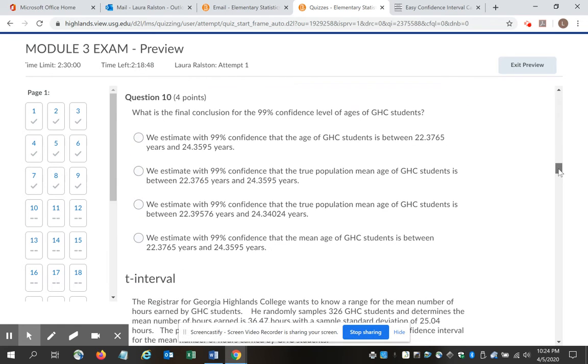And again, as you go down to make the final conclusion, you want to make sure you got the right numbers, 22.3765 and 24.3595. And you have those in 3 of the 4. Okay, and again, the thing you have to remember is you got to have that phrase, true population mean. So it's the second one.